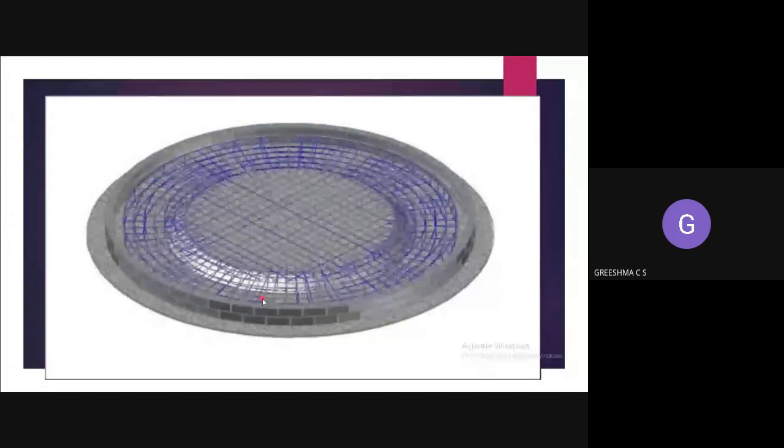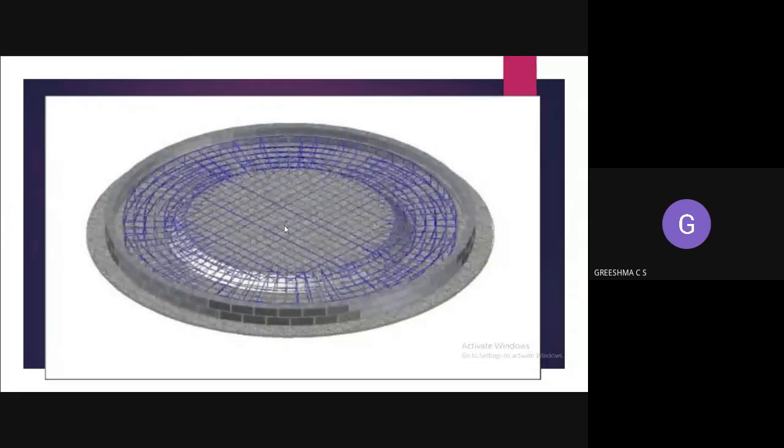Coming to the center portion, near the center you will provide the reinforcement as a mesh, and coming to the edges, you will provide the reinforcement in a circumferential and radial manner.